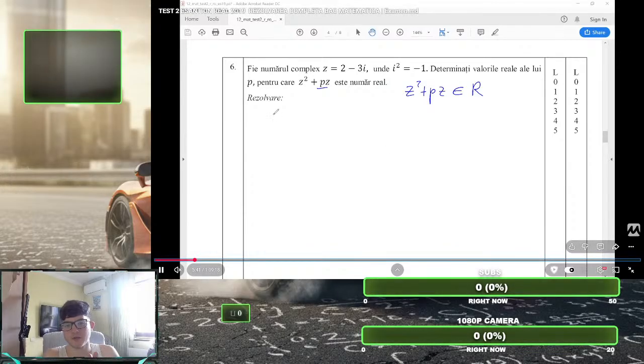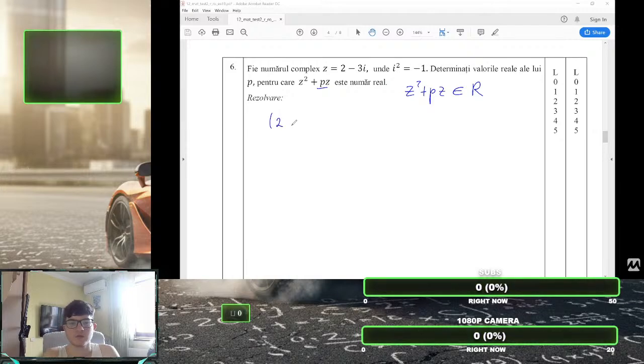That should be it. So you just plug in the z, second power, plus p, and then plug in that z. Now we just use the formula for 2 minus 3i to the second power.